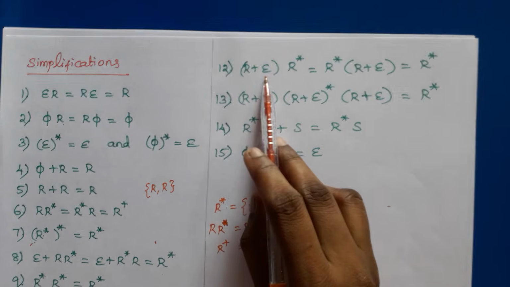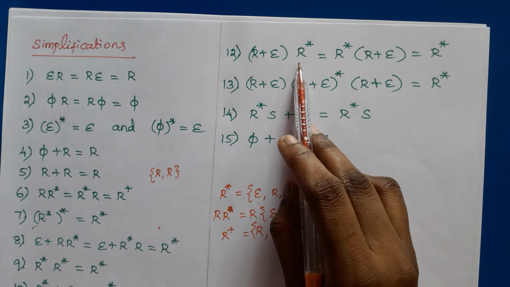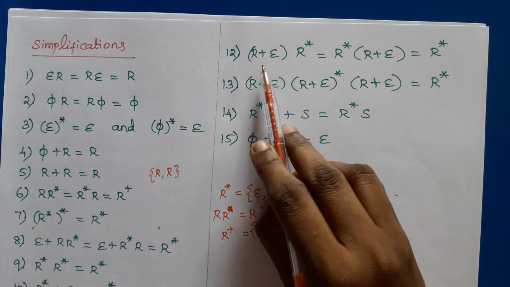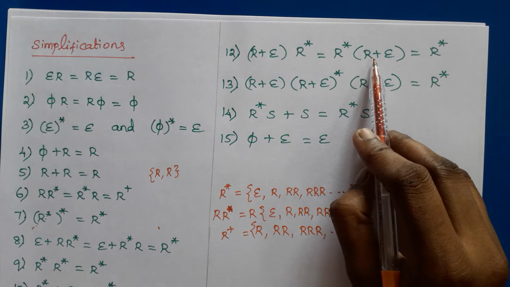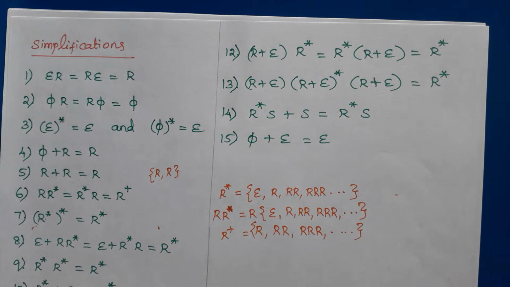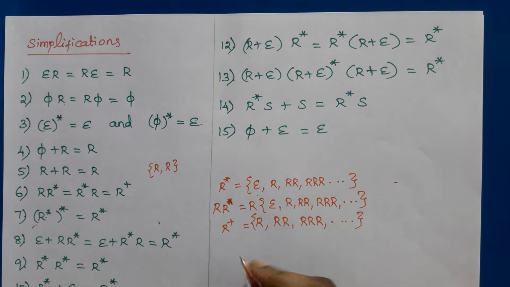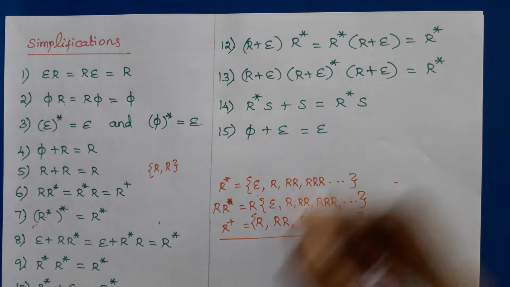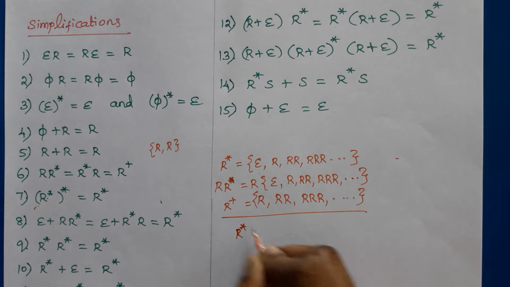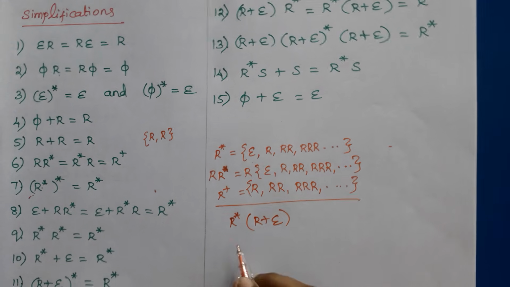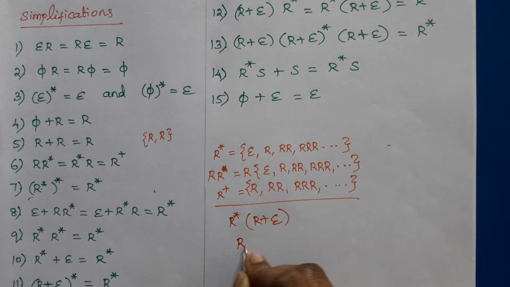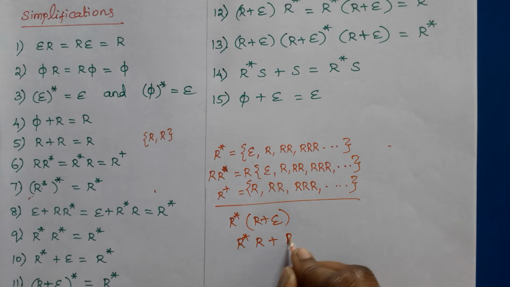Then R plus epsilon concatenated with R star, or R star is concatenated with R plus epsilon. So if we concatenate this one, I'll write it here, R star is concatenated with R plus epsilon, right? If you concatenate these two, R star concatenated with R plus epsilon means R star, right?